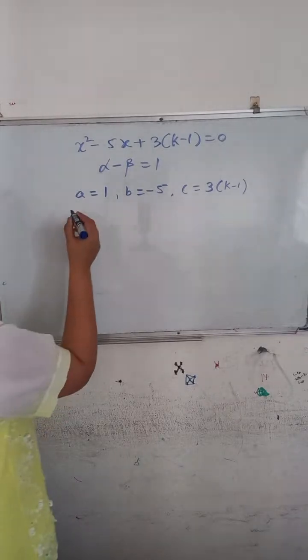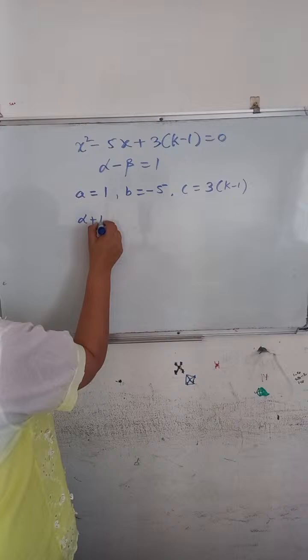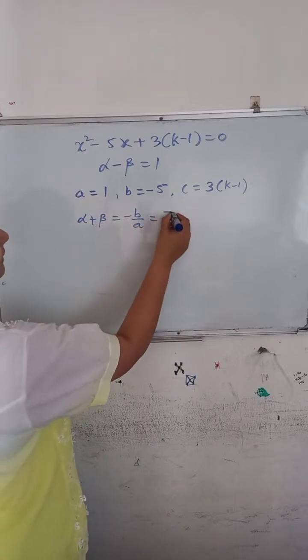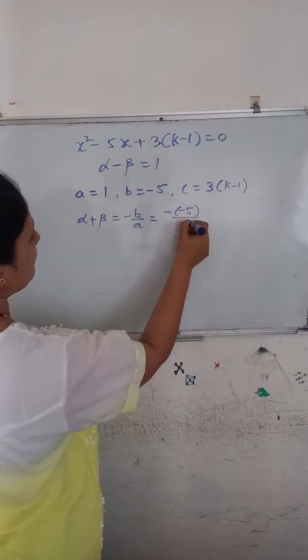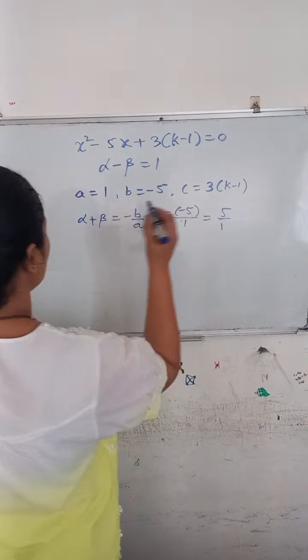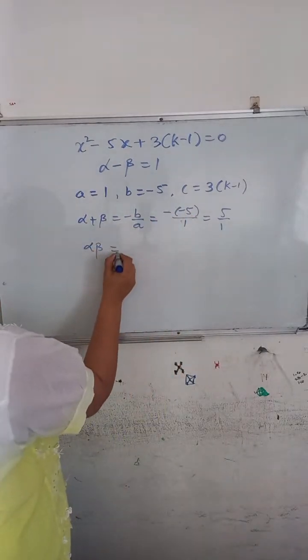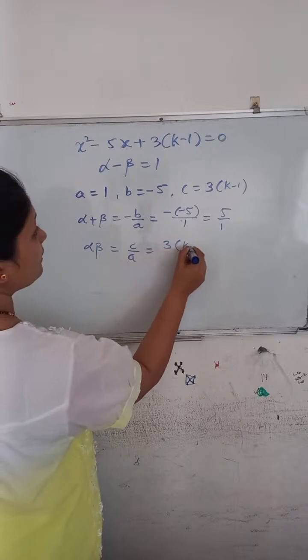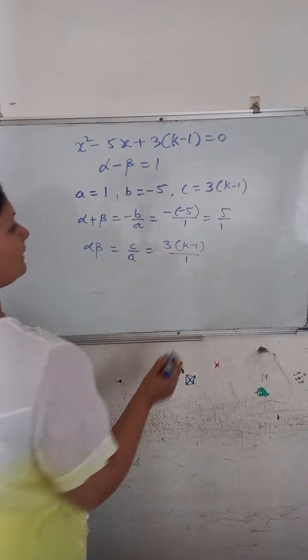So sum of the zeros alpha plus beta, always write the formula minus b by a. So minus of minus 5 by a is 5 by 1, and alpha into beta is c by a, that is 3 into k minus 1 by 1.